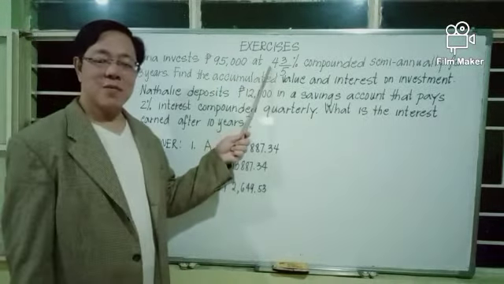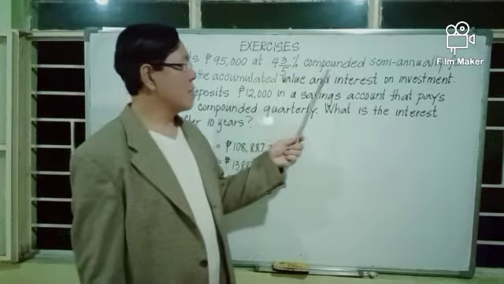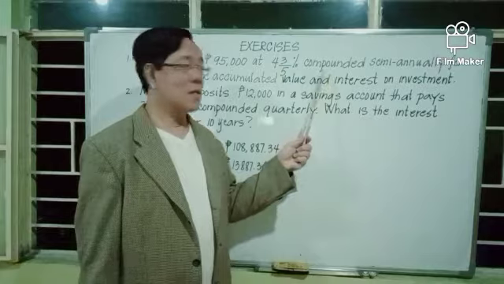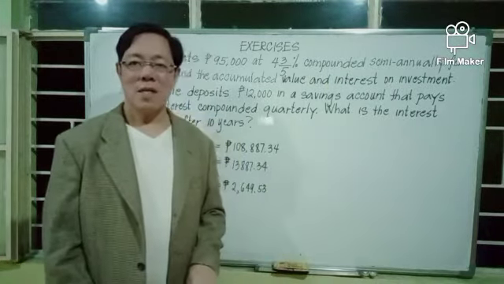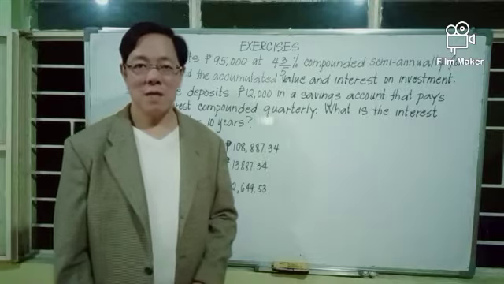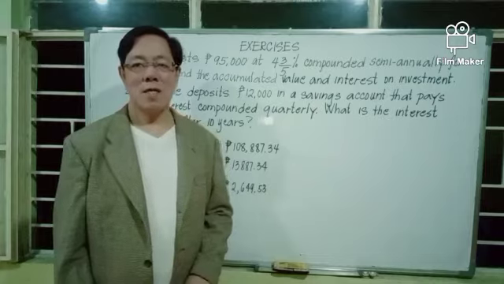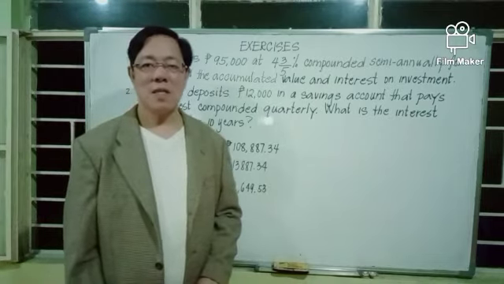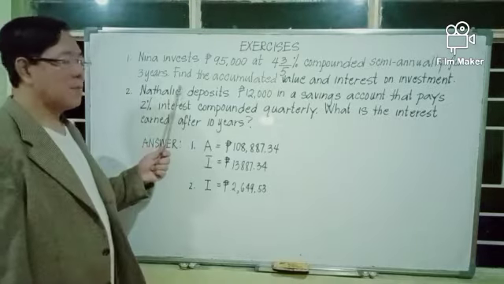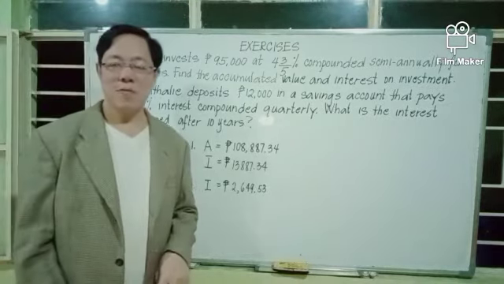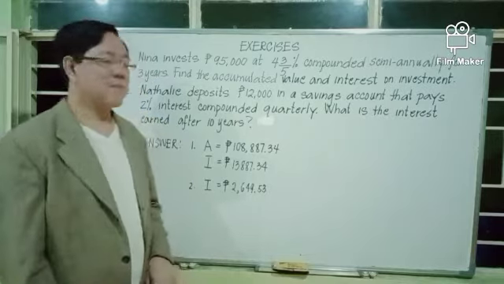The given interest rate 4 3/5% is a compound interest rate, and the problem says this rate is compounded semi-annually, which means that interest will be computed twice a year. That is, your m equals 2, and the interest will be computed every 6 months for 3 years. In number 1, you are required to find the accumulated value A and the amount of interest capital I.